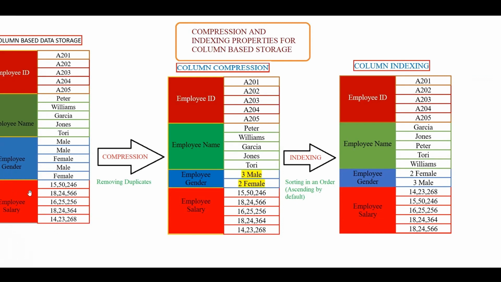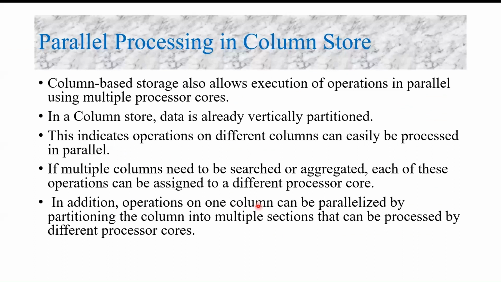And also in the employee salary column individual table, we have seen an addition operation performed. Also, if a query is written like, I want to get the exact count of employees, then the count operation is performed on the employee ID column individual table by assigning it to another processor core. Lastly, operations on one column can be parallelized by partitioning the column into multiple sections that can be assigned to different processor cores.